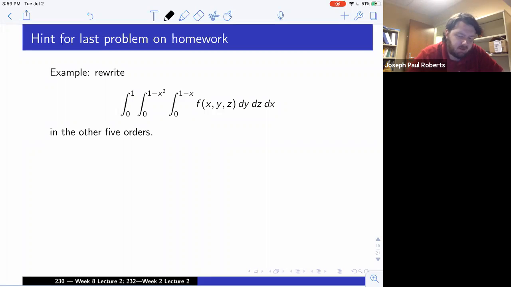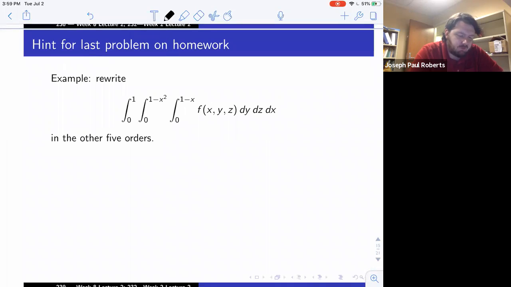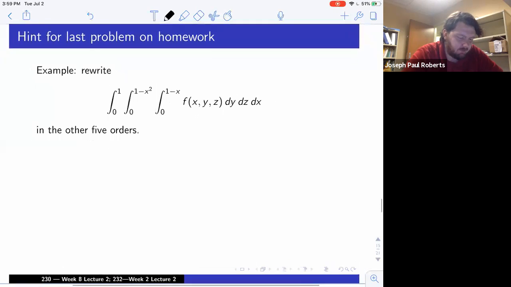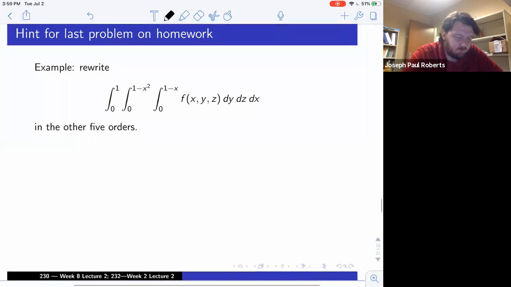But anyway, I figured I could give you a hint on, I think, the last homework problem from this week, which was rewriting a triple integral in the other 5 orders. I can't remember if this is the question on your homework or if this is just a similar one from the book. But anyway, let me give you some tips for how to do this.